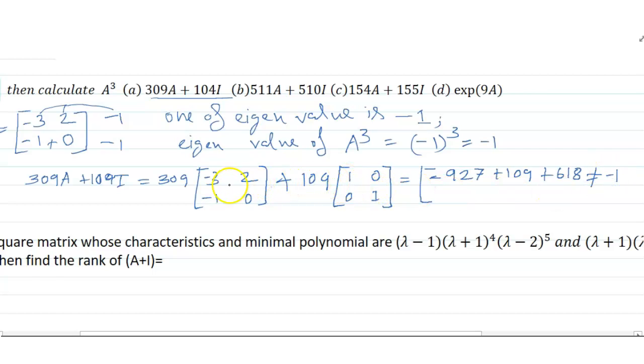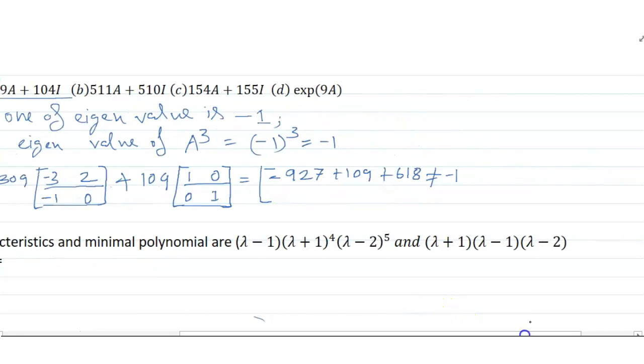If we add the row elements, this element and this element, then we will not get -1. Now let's check another problem.